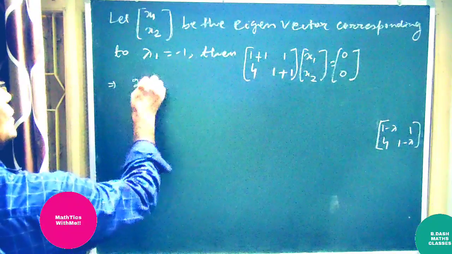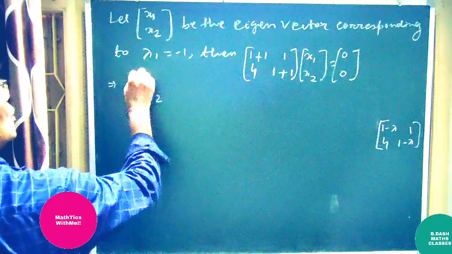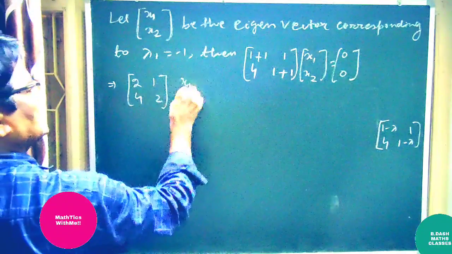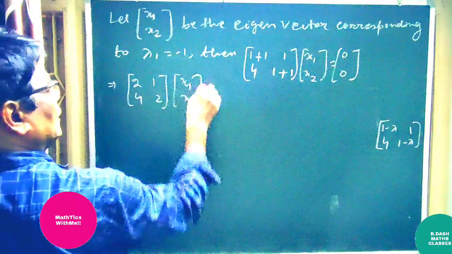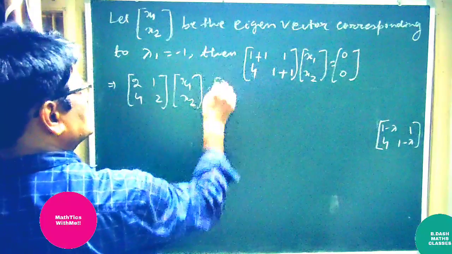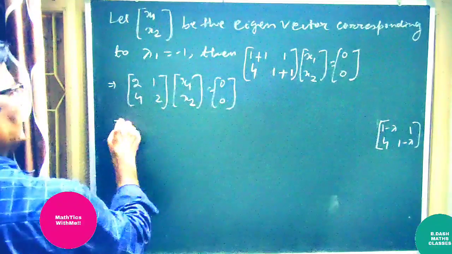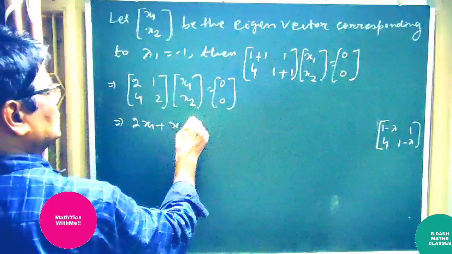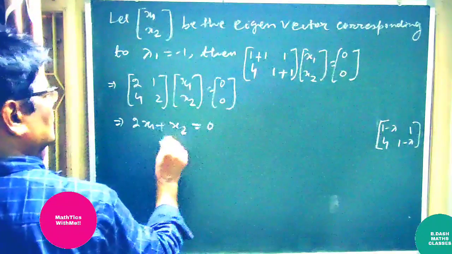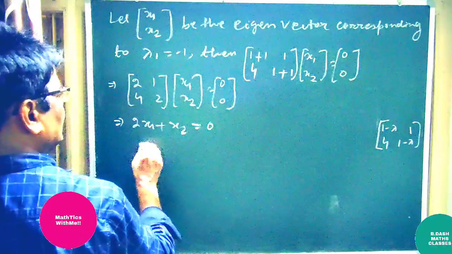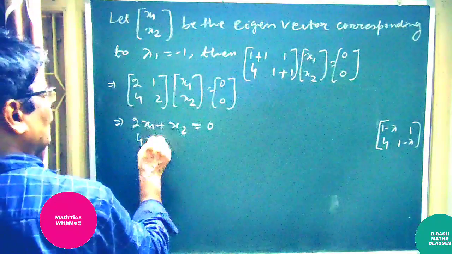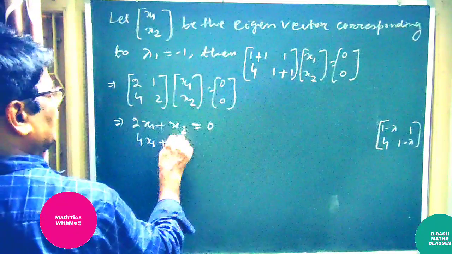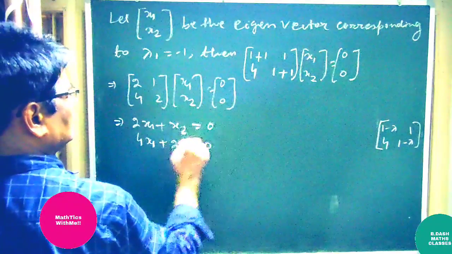This implies [2, 1; 4, 2] times [x1, x2] is equal to [0, 0]. This is 2x1 plus x2 is equal to 0, 4x1 plus 2x2 is equal to 0.